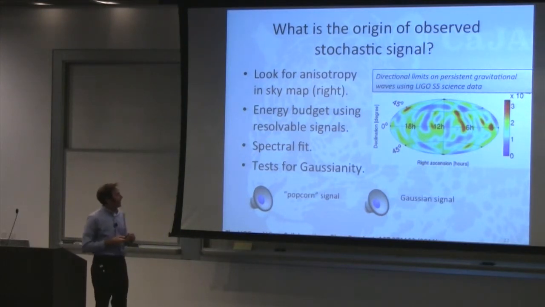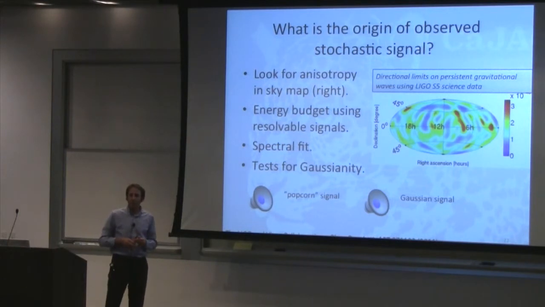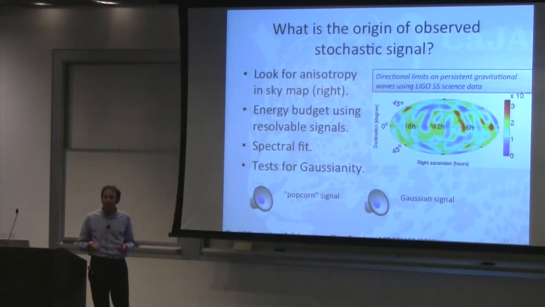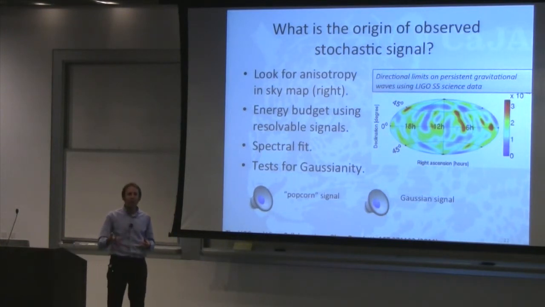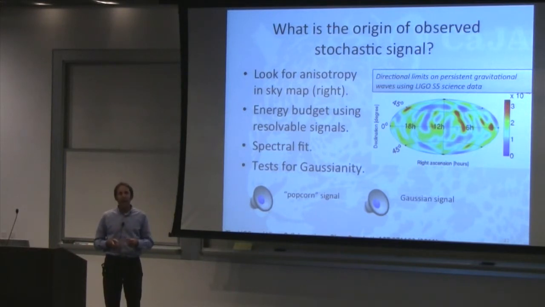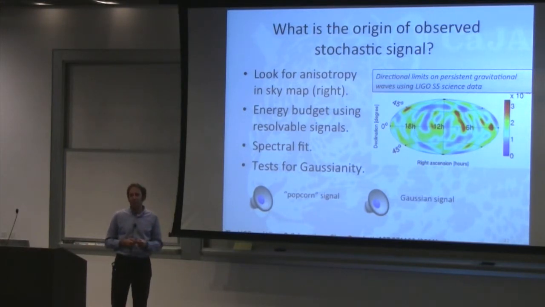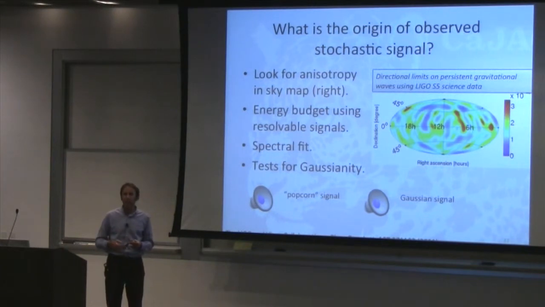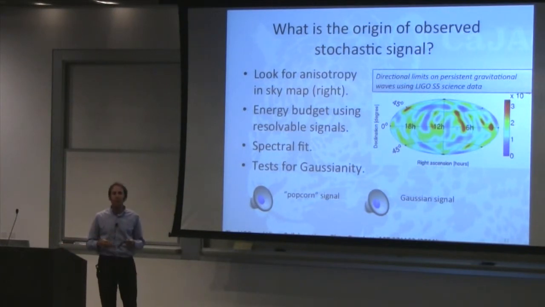Another thing that we've been working on is using other measurements of gravitational waves in order to construct energy budgets. So, for example, let's suppose that Advanced LIGO detects 40 binary neutron star events after 1 year of science data. And let's suppose that we measure the energy density of the stochastic background to be 10 to the minus 8.